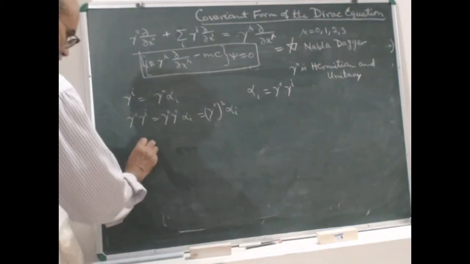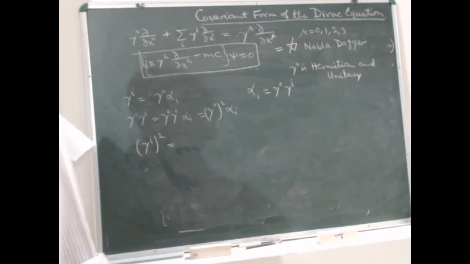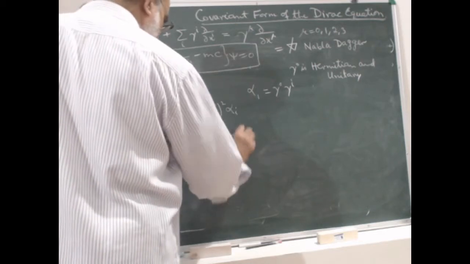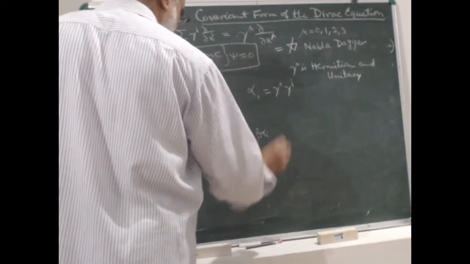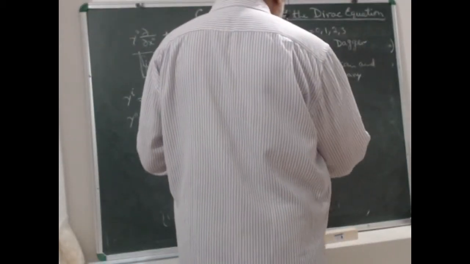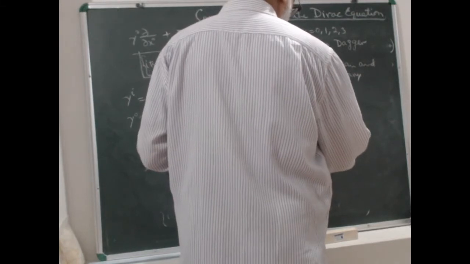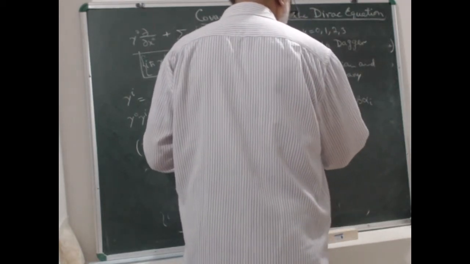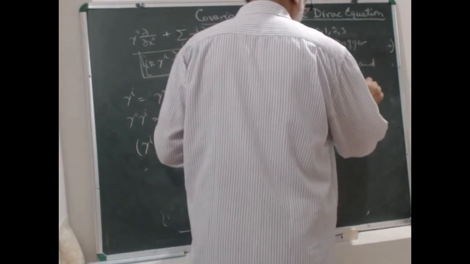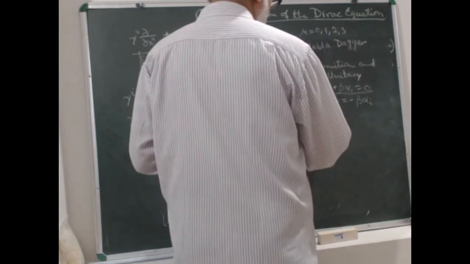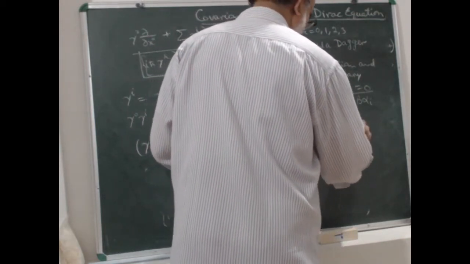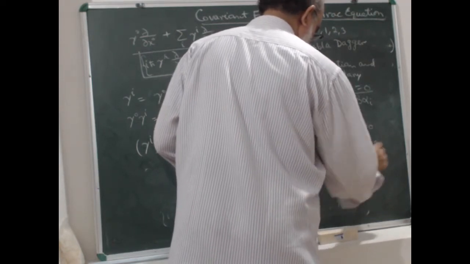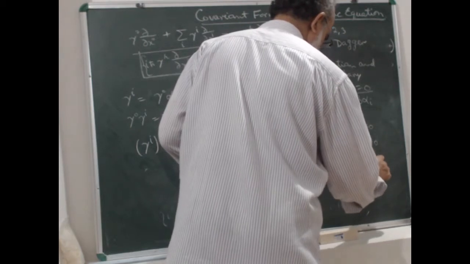Now take the square of this gamma I. You will get gamma 0 alpha I, gamma 0 alpha I. Gamma 0 was actually beta, so it is beta alpha I, and beta alpha I. And we know that alpha I beta is equal to minus beta alpha I, because we had seen this equation while solving the Dirac equation: alpha x beta plus beta alpha x is equal to 0, or alpha y beta plus beta alpha y is 0, alpha z beta plus beta alpha z is 0.